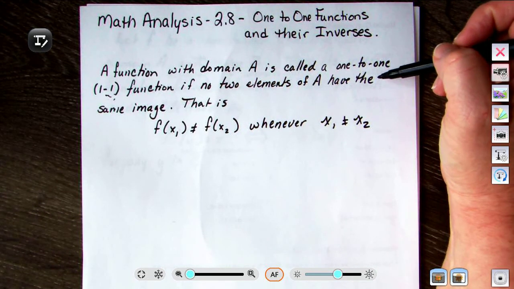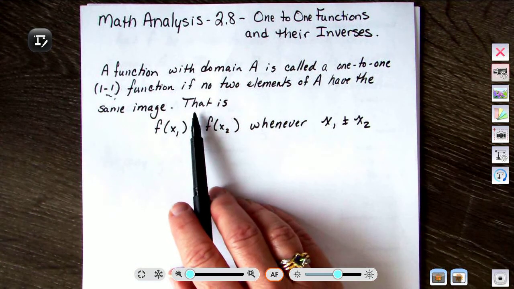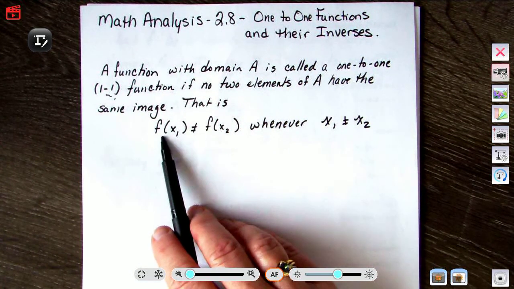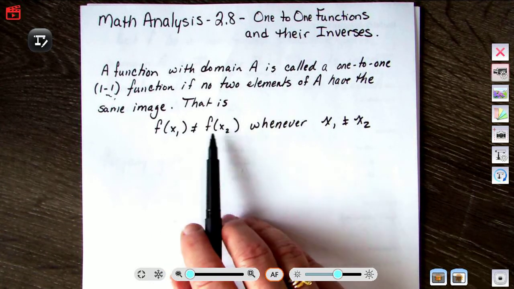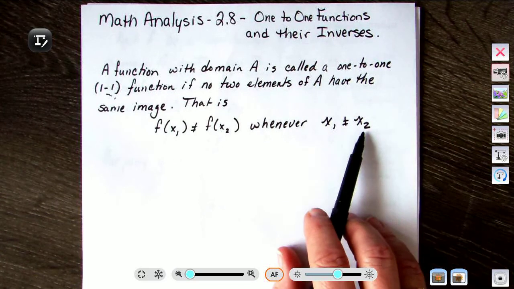So in other words, no two values will get mapped to the same value. Another way to write that mathematically is f of x1 does not equal f of x2 whenever x1 does not equal x2, which kind of doesn't sound the same, but it is.